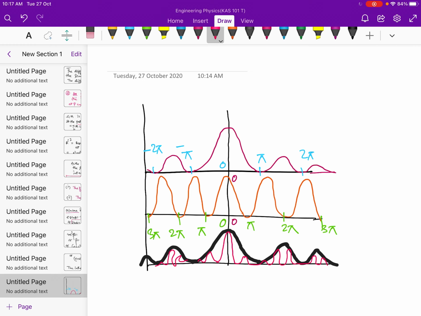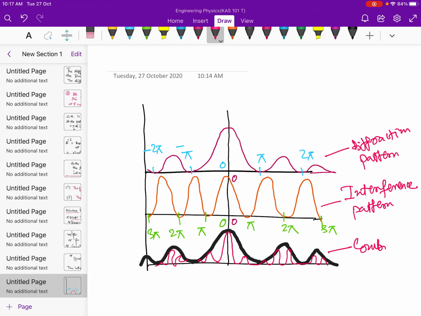So this is your diffraction pattern, interference pattern, and combined effect. So this completes your calculations related to double slit diffraction. In the next class we will learn about missing order spectra.